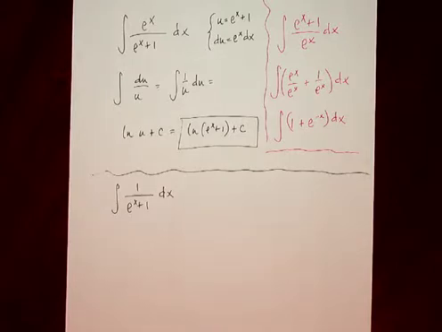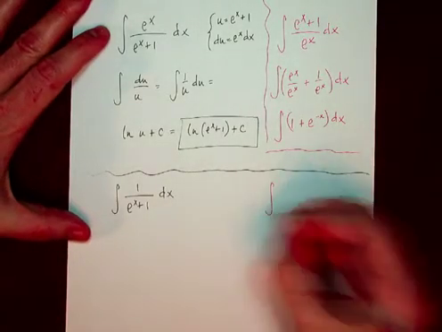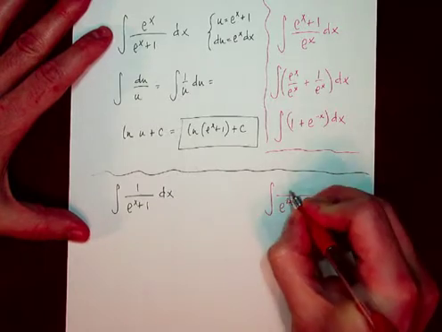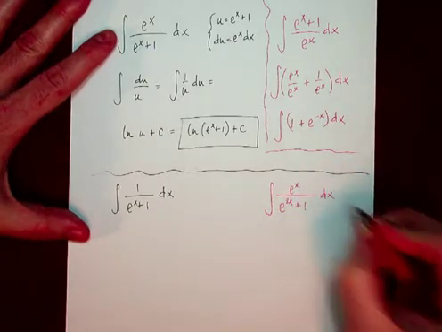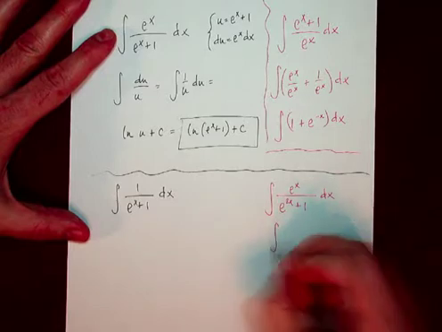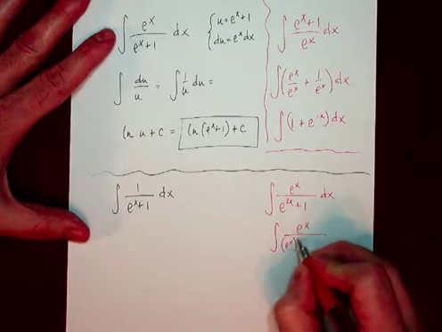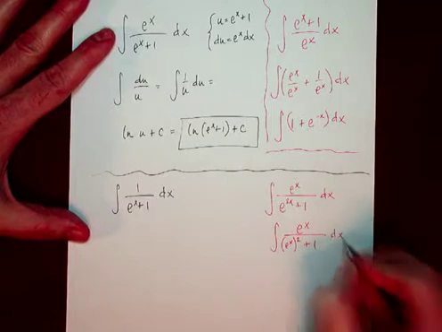Is it arctan, or is it an inverse trig function? Now, it could be if it were something like (e^(2x) + 1)/e^x dx, right? Because that would be arctan, because the numerator would be the derivative of the thing being squared.